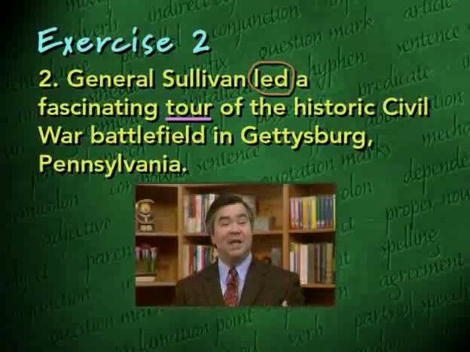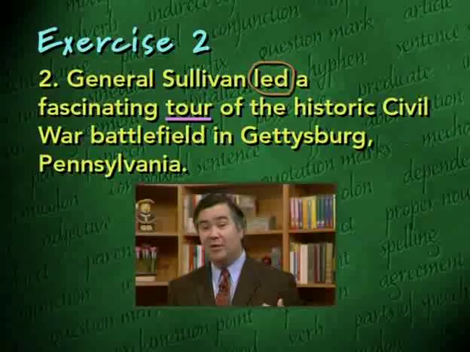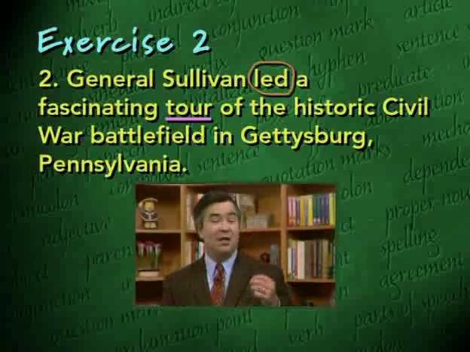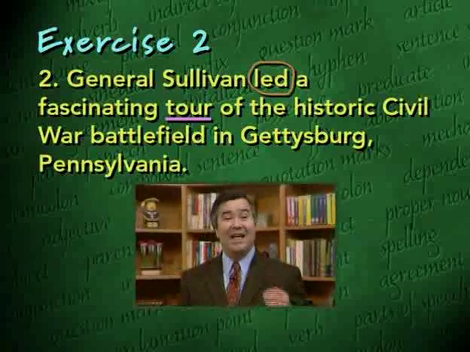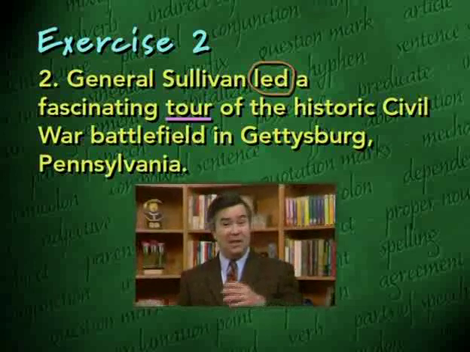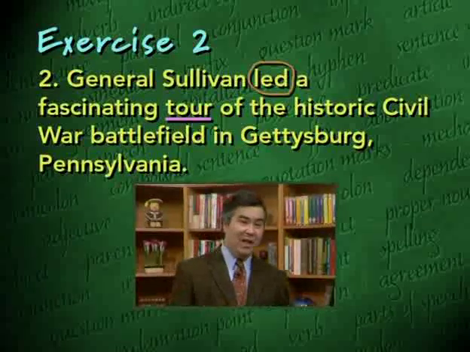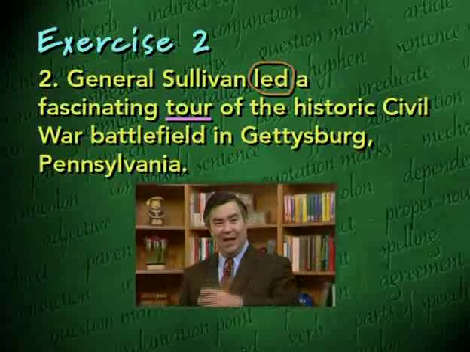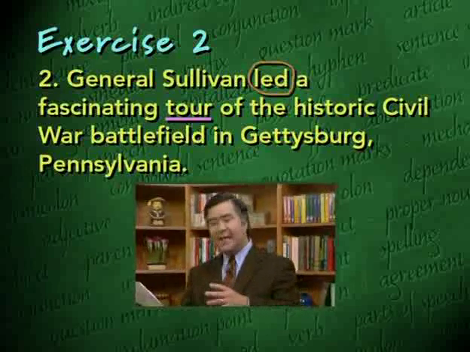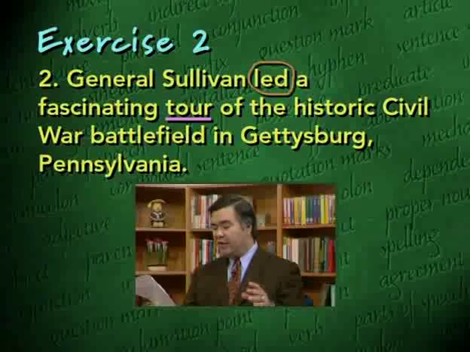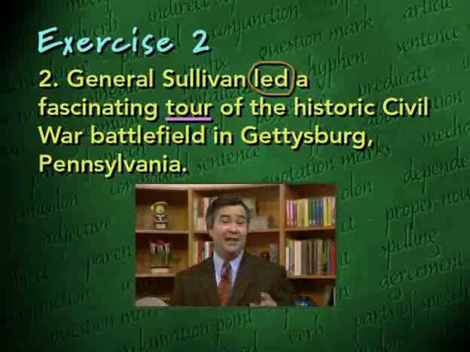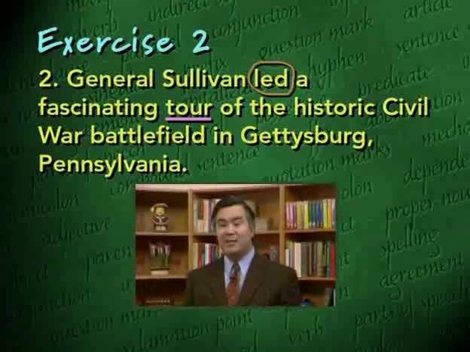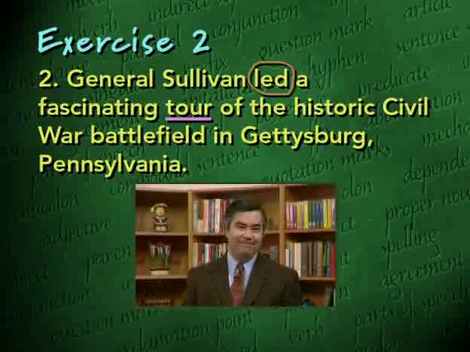They don't receive the action of the verb directly. One tip when you're looking for the direct object of a verb is that the direct object will never be found in a prepositional phrase. The prepositional phrase may give more information about the object, but the prepositional phrase will never contain the object of the verb. That's how we know that those words, of the historic Civil War battlefield in Gettysburg, Pennsylvania, don't contain the direct object. The direct object is the word tour.